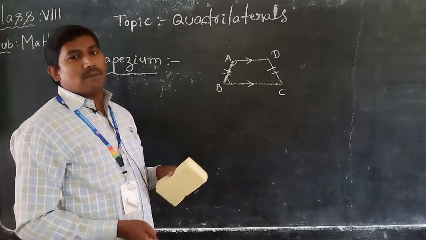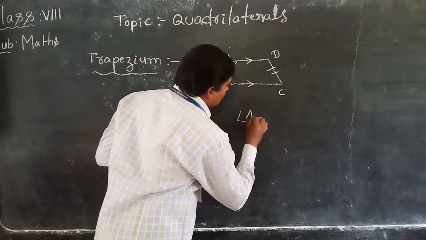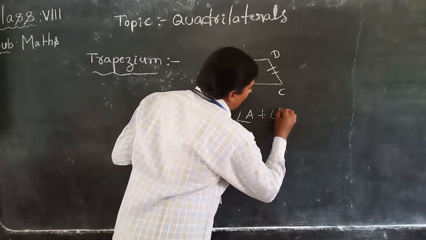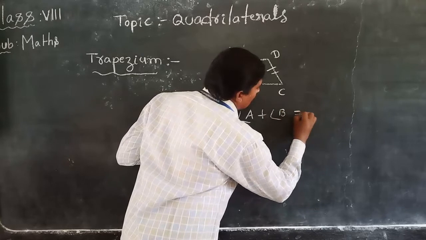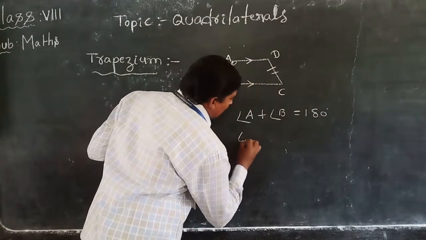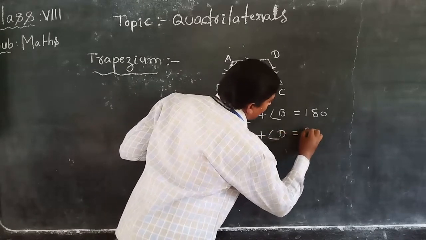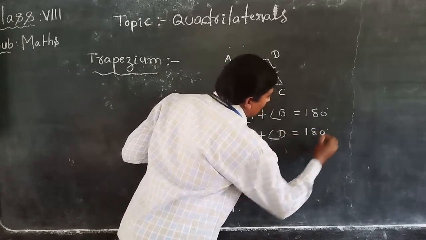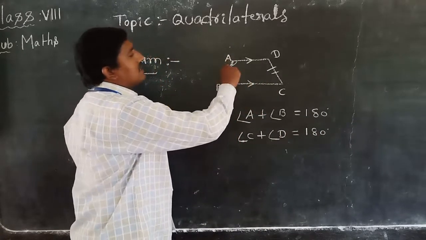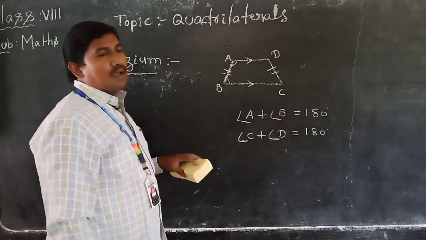So here angle A plus angle B is equal to 180 degrees. Angle C plus angle D is equal to 180 degrees.